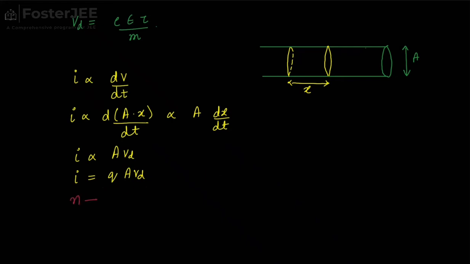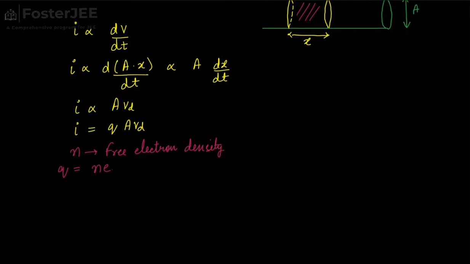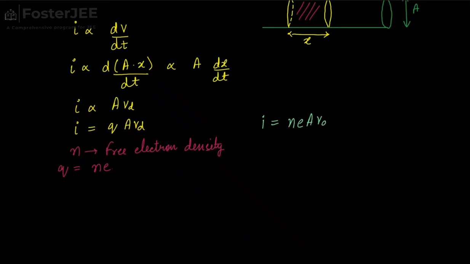Suppose n is the free electron density inside this volume, then the total charge will be n e, as we have seen from electrostatics, and hence the expression for current becomes n e A vd. Now this is also an important relation between current and drift velocity.